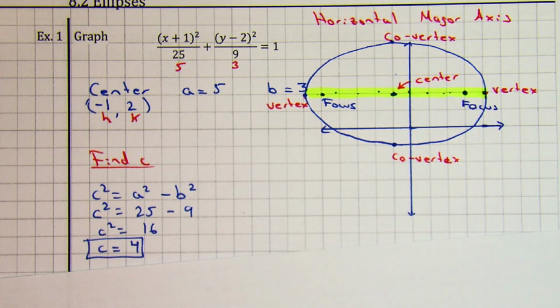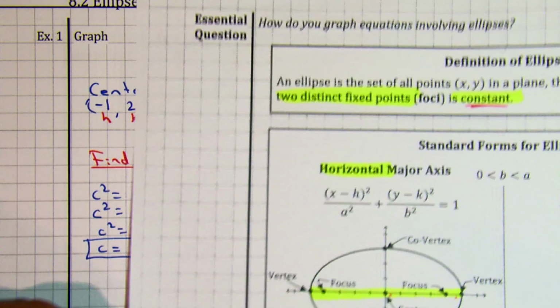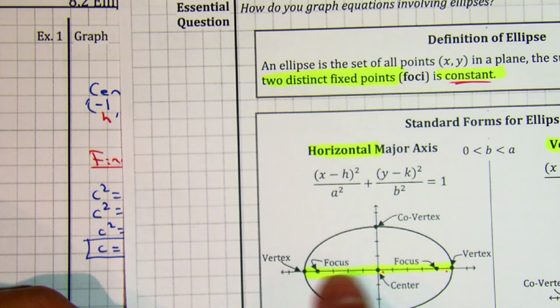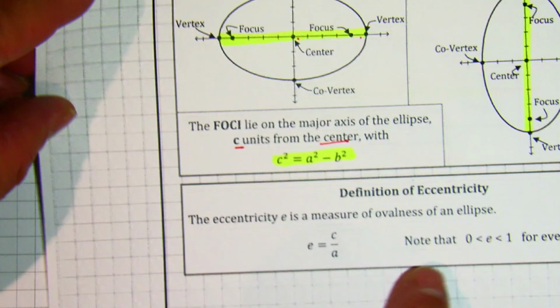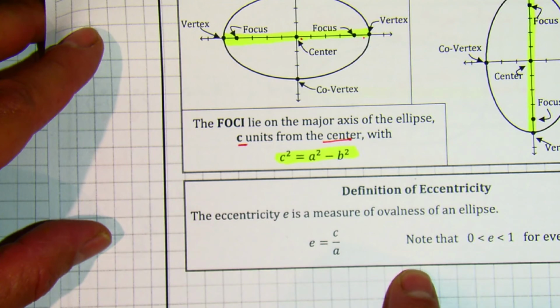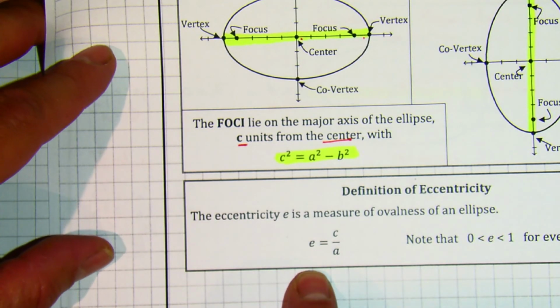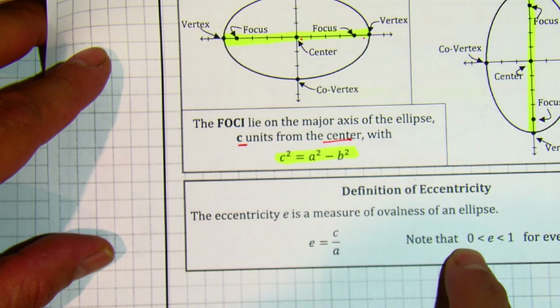So let's go through our cutout. We found our center. We found our vertices, co-vertices, and foci. The last thing that we need to be able to find is our eccentricity. We need to be able to find the value of E. And according to this, the value of E should be between 0 and 1.